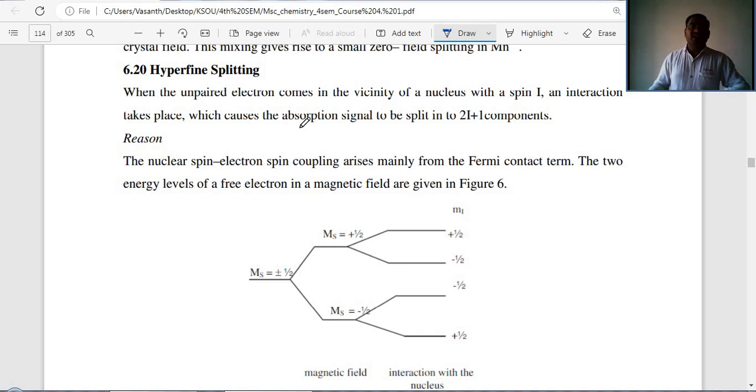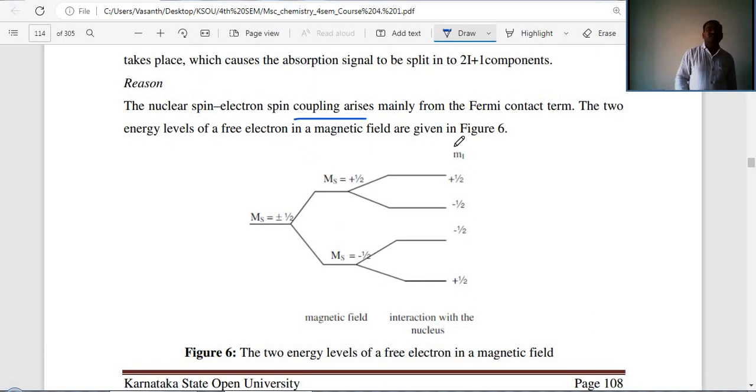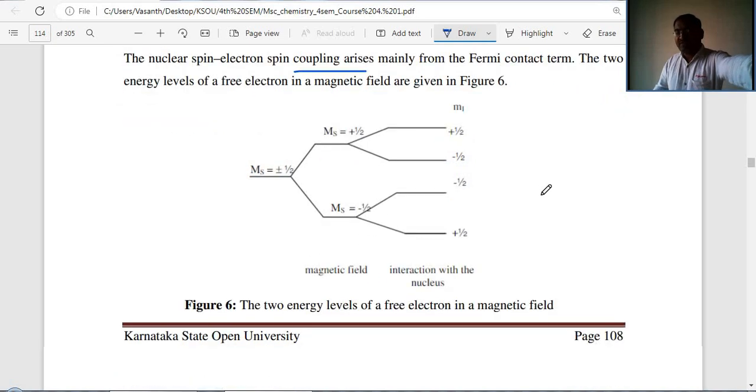What is the reason for that? Here, the nuclear spin and electron spin coupling arises mainly from the Fermi contact term. The two energy levels of a free electron in a magnetic field are given.